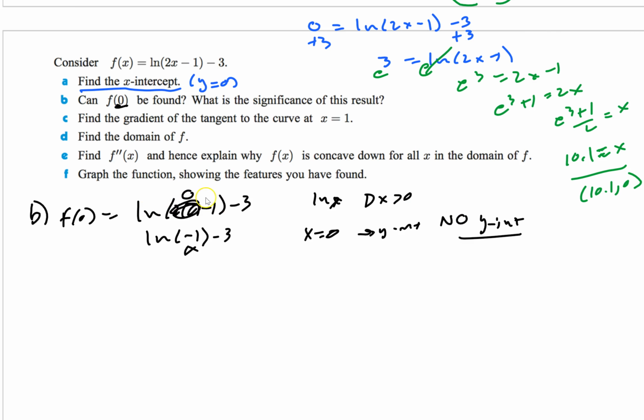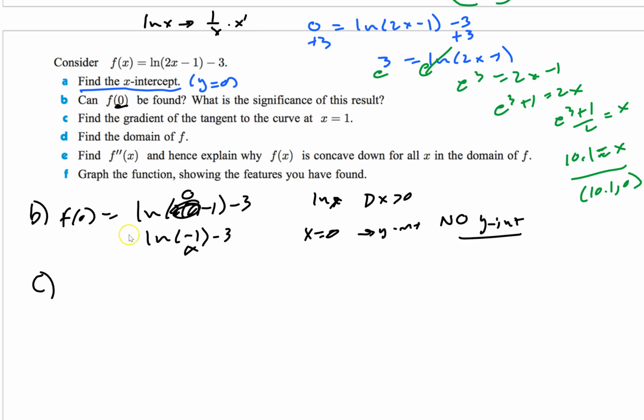C, find the gradient of the tangent to the curve at x equals 1. Remember those words? They sound familiar. That's the derivative. We're taking the derivative of the curve. Now notice it said gradient of the tangent. It didn't say the equation of the tangent. I don't need to do y minus y1. Gradient just means take the derivative, plug in 1. That's all they want me to do. So let's take a derivative. Hey, it's a natural log. More review. I love review. So natural log, remember the derivative of natural log is 1 over the inside times the derivative of the inside.